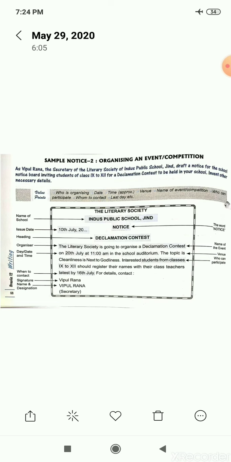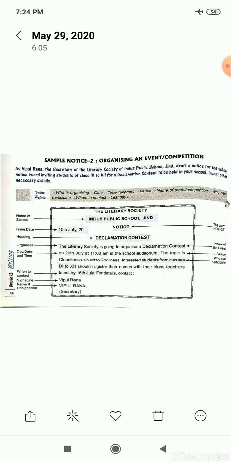Let's see how it's written in a beautiful manner. So, the literary society. It is written in the beginning, right? As I told you, some of the societies, some of the clubs are there. So, if the event is from their side, that is written on the top. Then, name of the school.